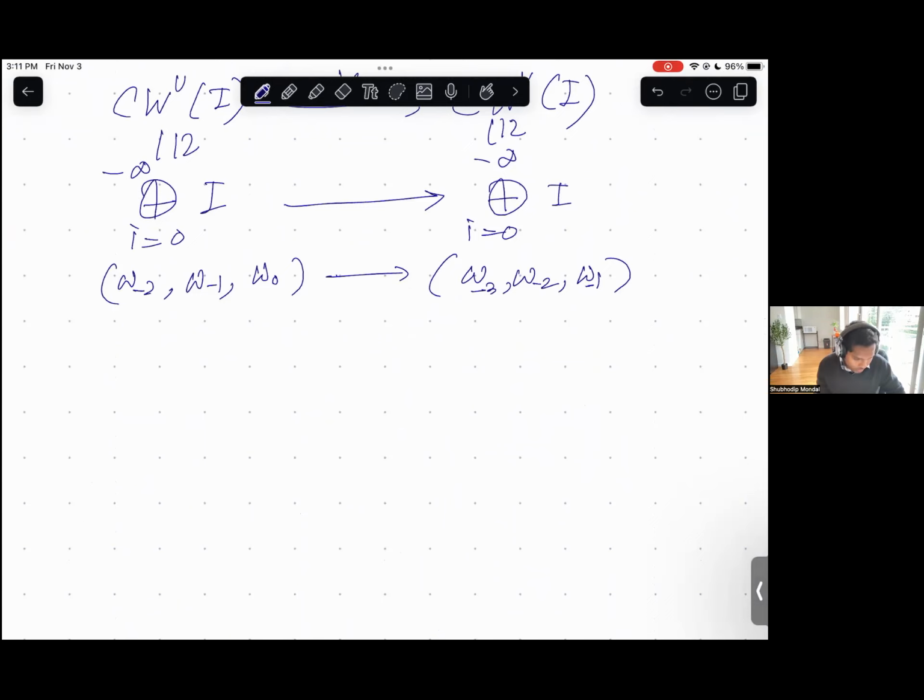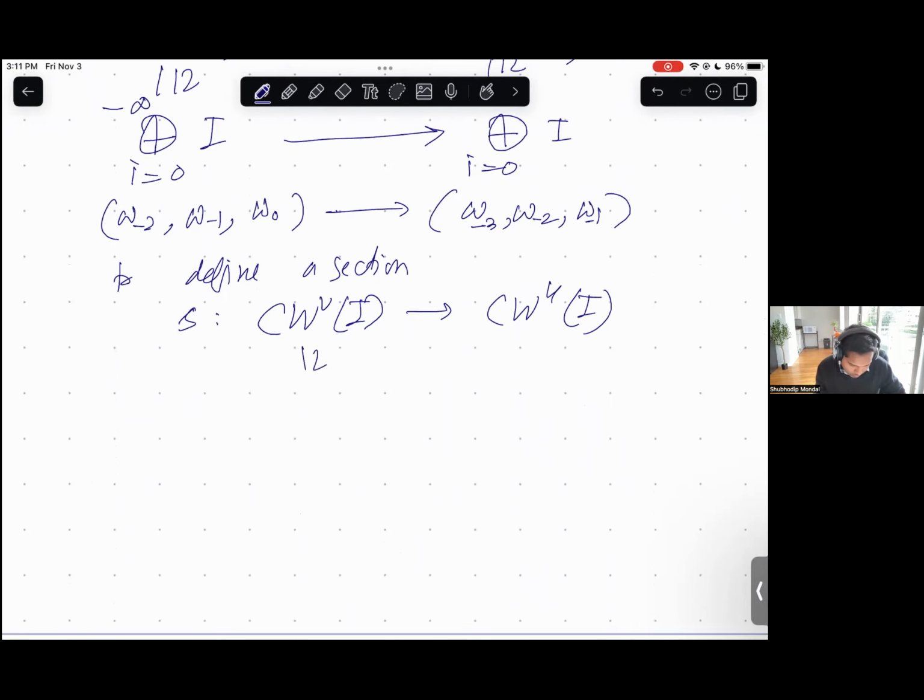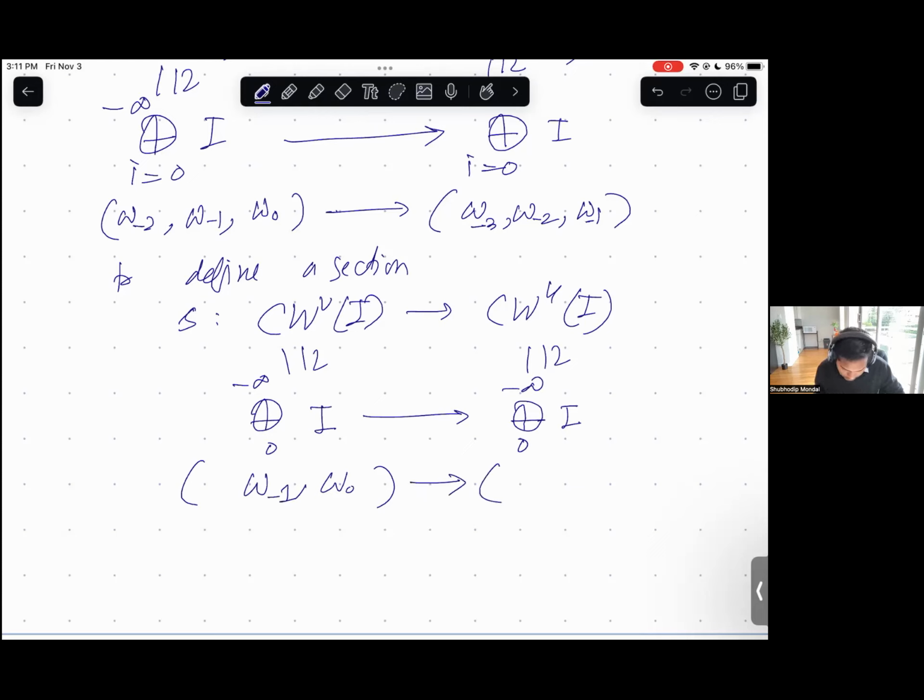Now to define a section, we can just pass to these other coordinates, written in terms of the s's.